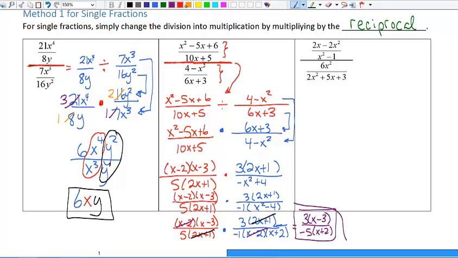On our third problem, we have again another single fraction in the top and another single fraction. So I'm going to rewrite that long divide sign into more of a horizontal divide.